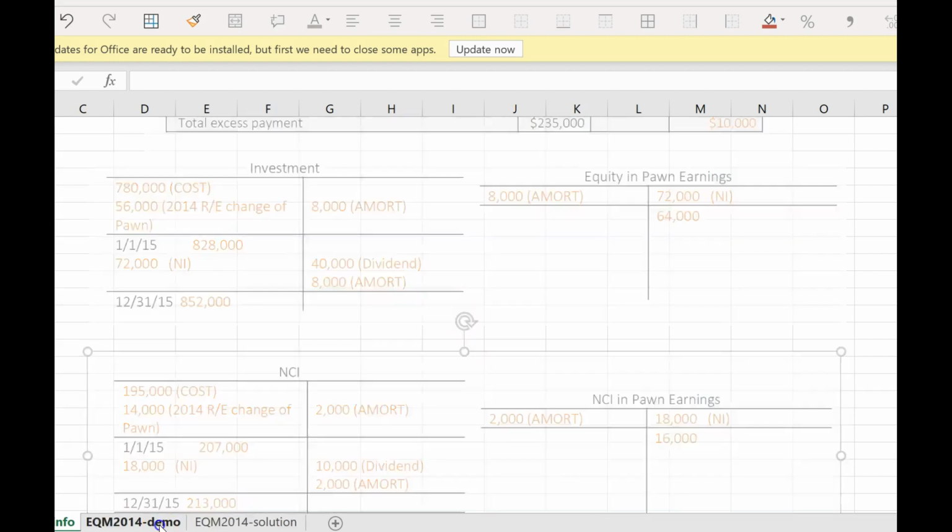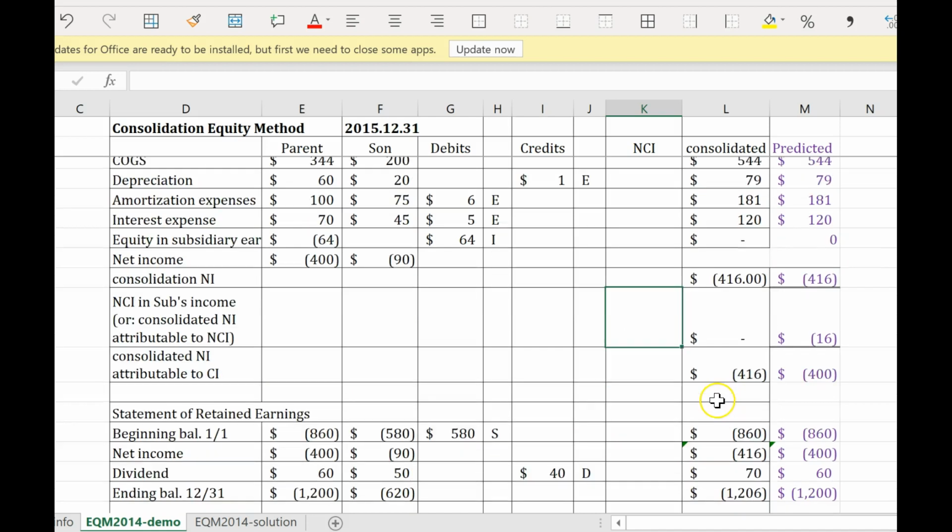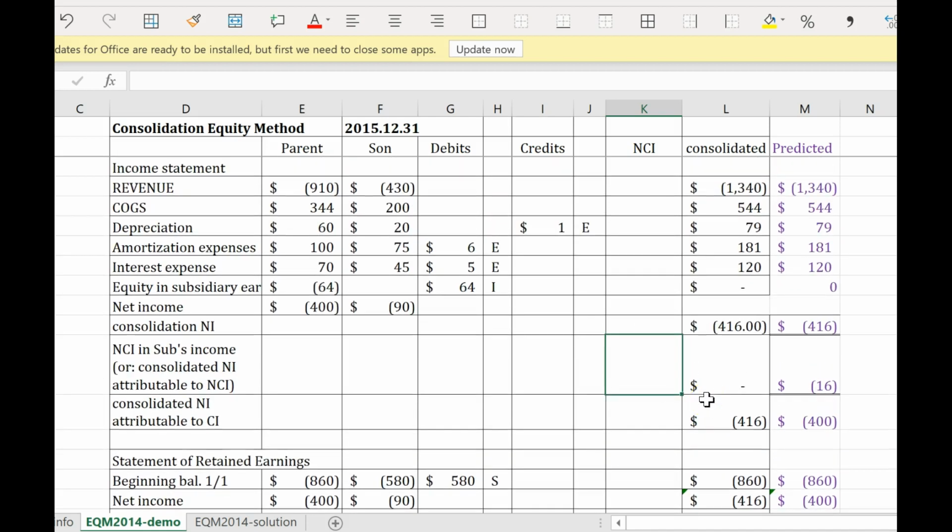So I assume my NCI column has similar characteristics. Corresponding to the I entry, you will see the NCI's share in the subsidiary's net income. How do I know this number? It should also mirror the net income of the subsidiary, 90, minus the fair value excess amortization. This is 10,000, right?